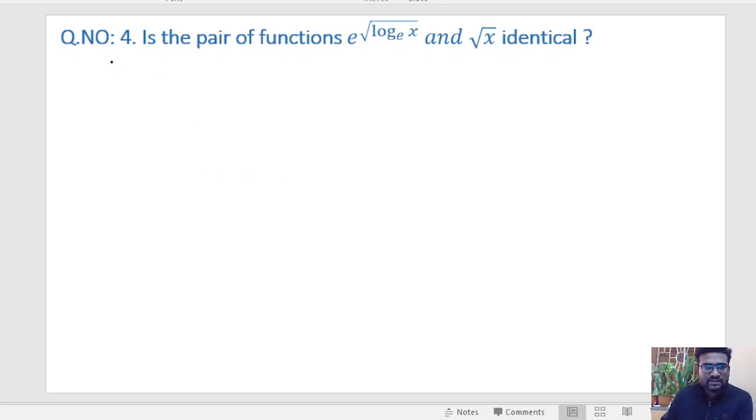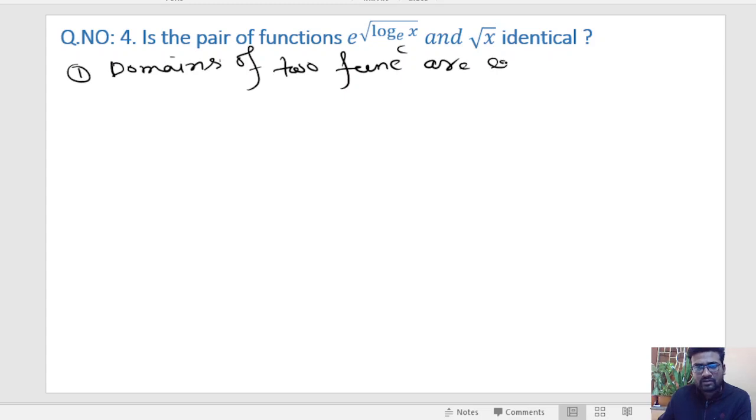Domains of the two functions are equal. This is the case number 1.